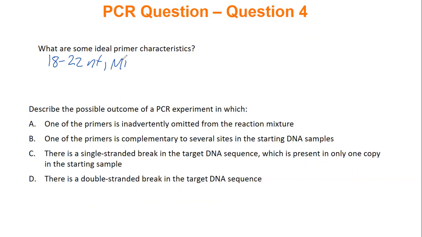Your melting temperature should be roughly 52 to 58 degrees centigrade, and it should be roughly 40 to 60% GC content. When you're doing this, you actually go to a website and make your primer there, and it will check for all of these characteristics.